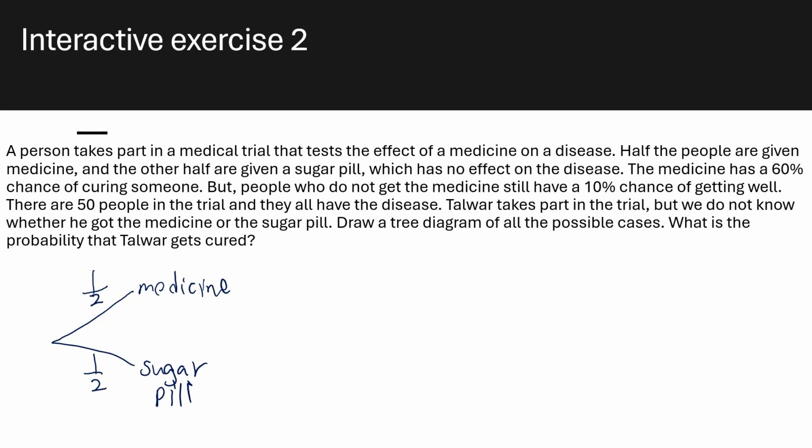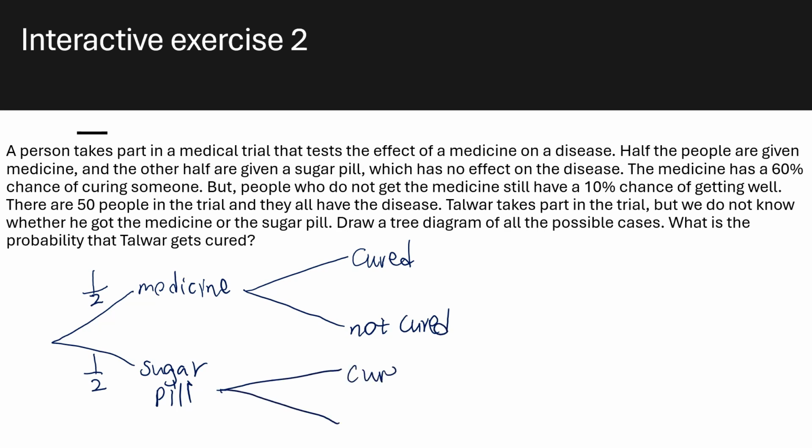Okay. So if you get a medicine, you have a chance. So we can also branch again: getting cured or not cured. Similarly with the sugar pill, you have a chance of getting cured or you don't get cured. Okay. So we are told that the medicine has a 60% chance of curing someone. So that's 0.6, the probability of being cured after taking a medicine.